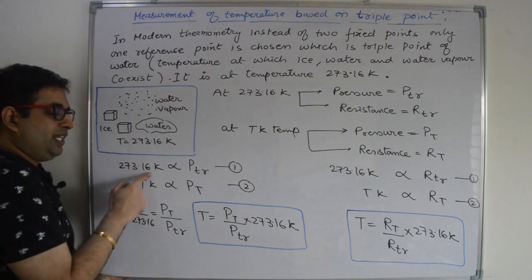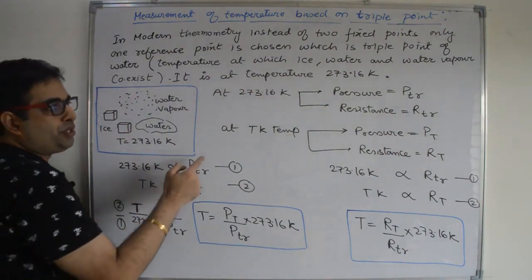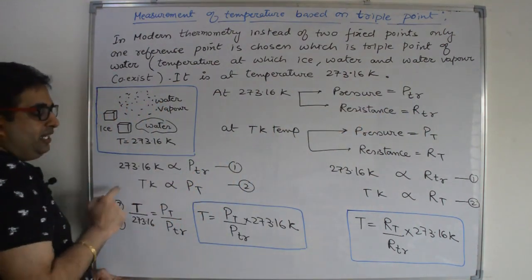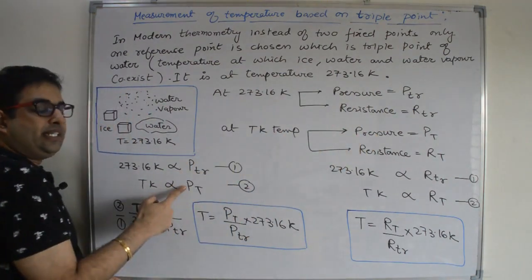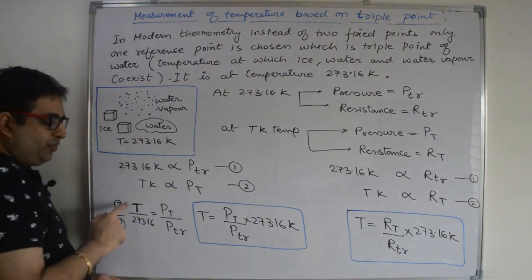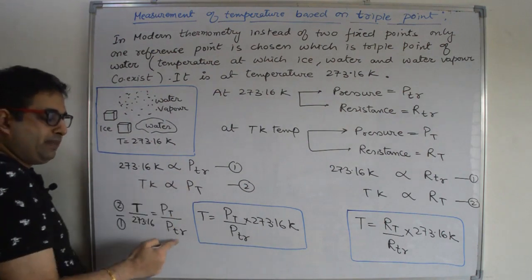So 273.16, the triple point temperature, is proportional to triple point pressure, right? And T Kelvin temperature is proportional to T Kelvin pressure. So divide these two. We will get T divided by 273.16 is equal to PT divided by PTR.